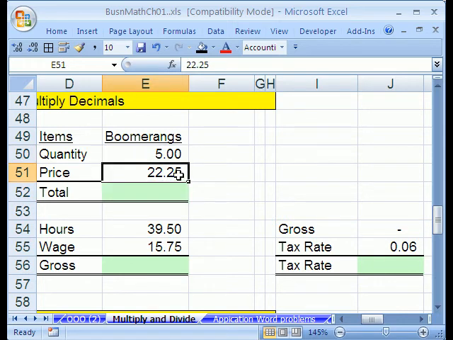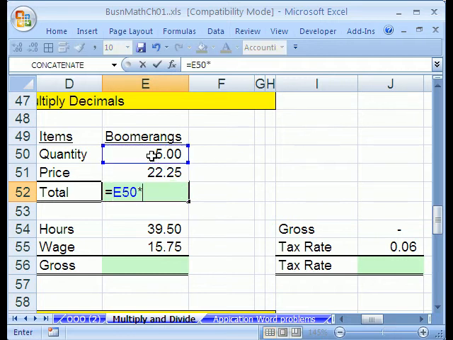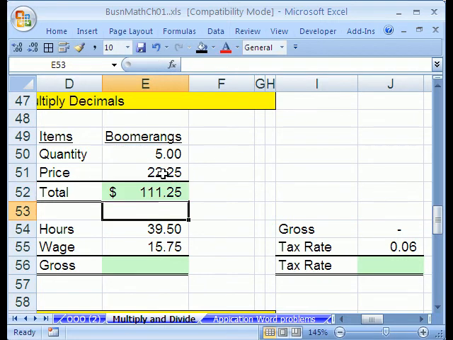And if this is actually in pennies, which it should be because that's a price, then we're never going to get any fractions of pennies. So we can simply multiply these. Equals this times this. And we get $111.25. What about here? Hours times wages.